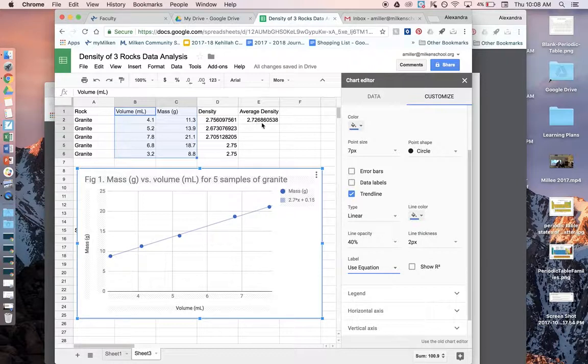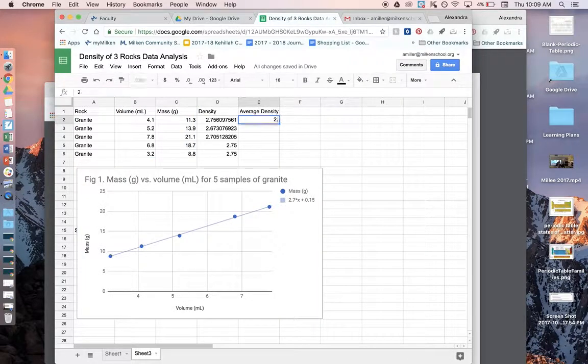So you can see for my average density, I calculated 2.7. And since these numbers are mostly 2 significant figures, I can keep 2 significant figures in my answer. And you can see they match. That may not happen when you do your data analysis, but then you can talk about why, right? Where are ways in which error could have been introduced into your measurements?